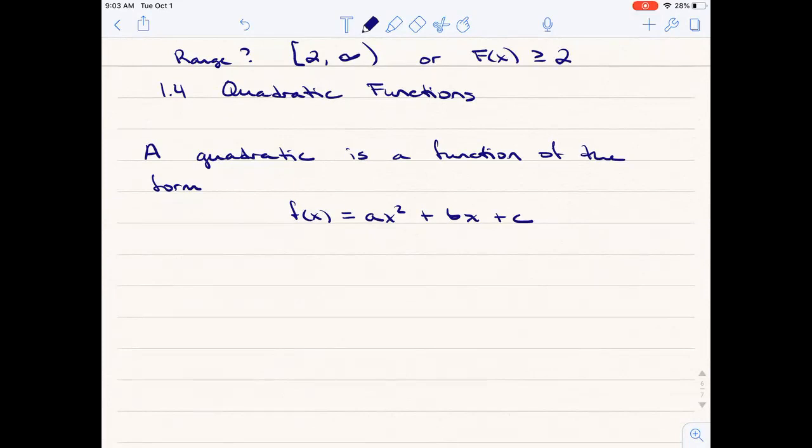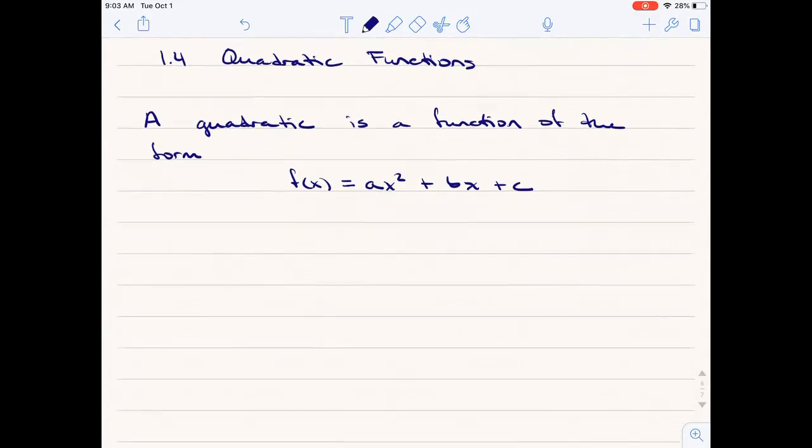So as soon as you have something like ax squared plus bx plus c, where a, b, and c are just the coefficients, or c is a constant, where a, b, and c are real numbers, with a not equal to 0.